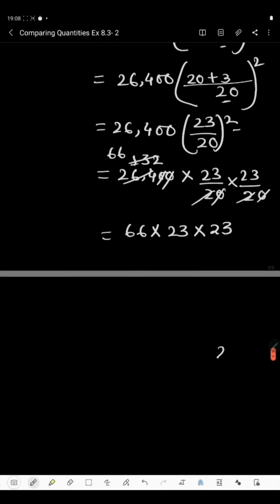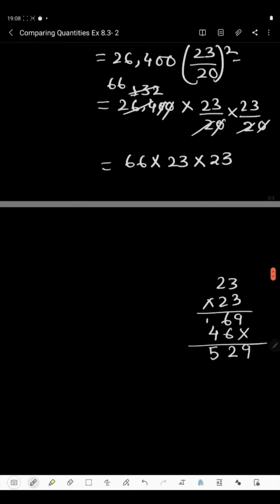Okay. Now 23 into 23. 3 3s are 9, 3 2s are 6. 3 2s are 6, 2 2s are 4. So 6 plus 6 is 12, 2 1 carry, 4 plus 1 is 5. Now we'll multiply by 66. So 6 9s are 54, 4 5 carry, 6 2s are 12, 12 plus 5 is 17, 7 1 carry, 5 6s are 30, 30 plus 1 is 31.